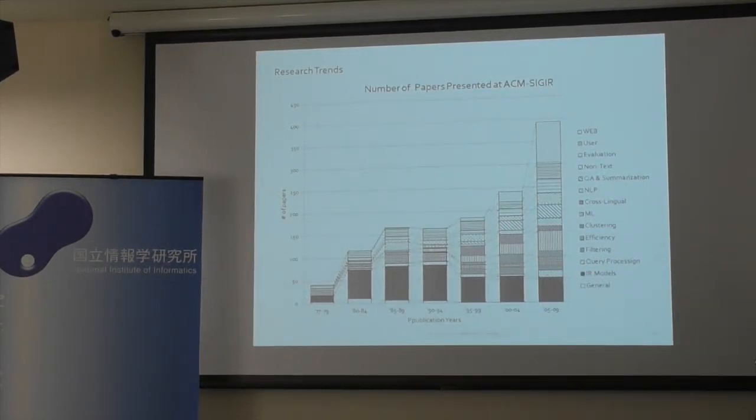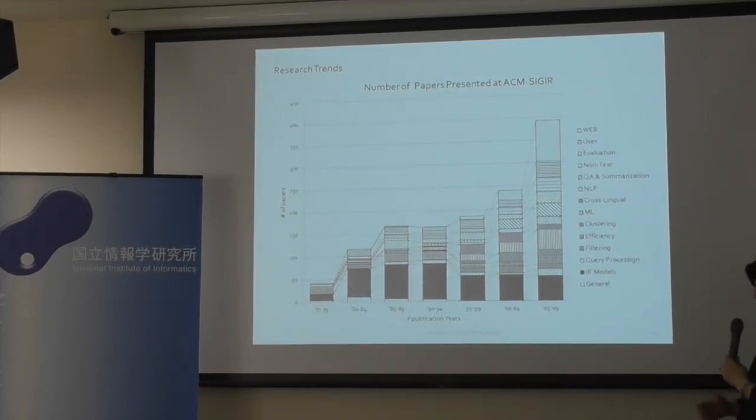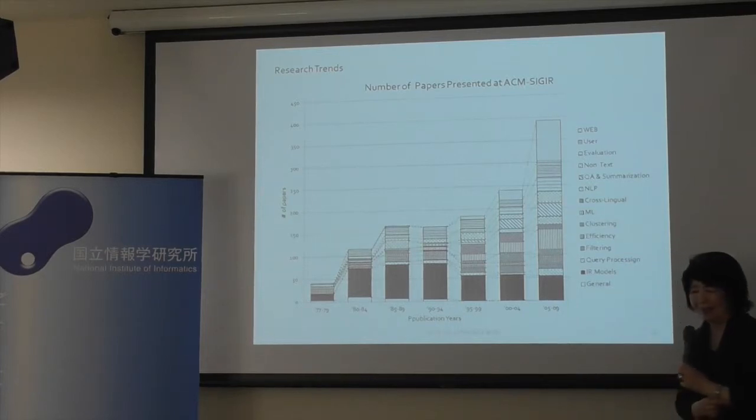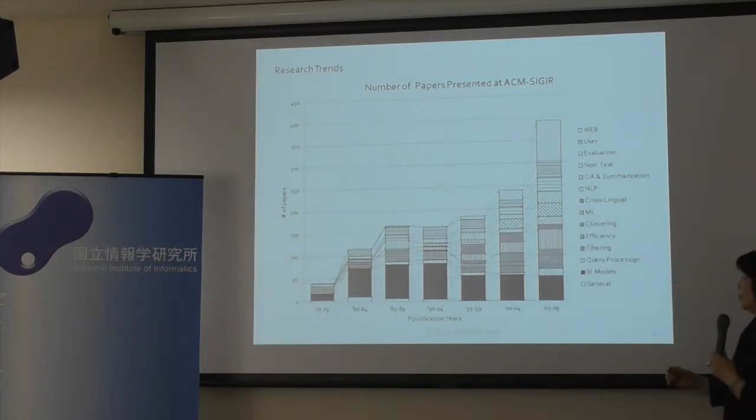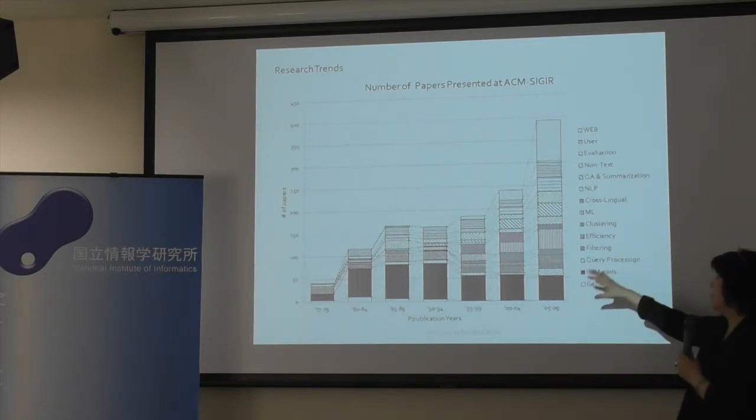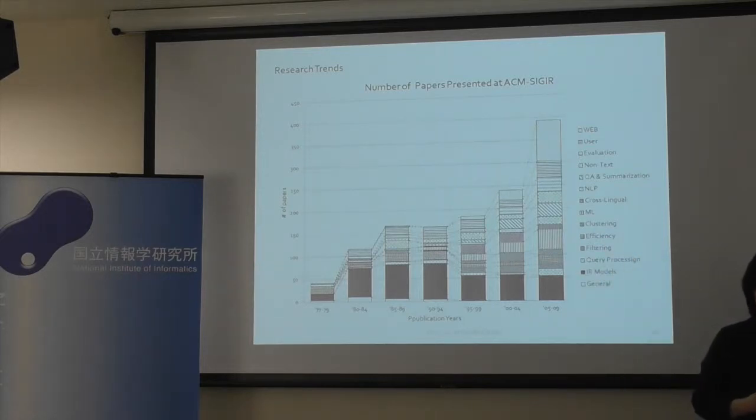So such cross-disciplinary collaboration at the venue is quite important. Also, many of the new research themes are proposed by evaluation forums like NTCIR, such as NTCIR-12 and QA, and enhance the research community with new topics.